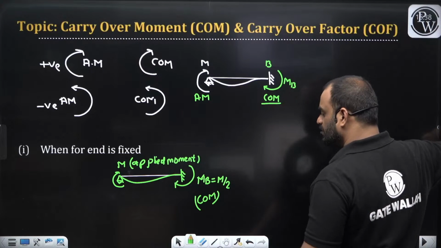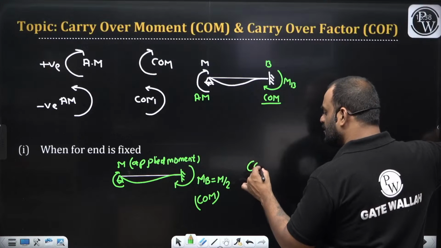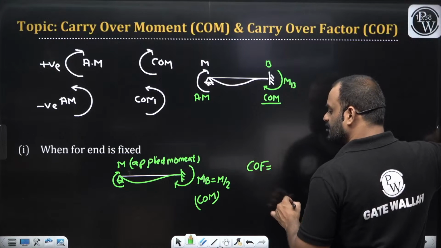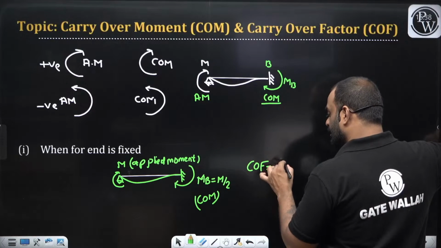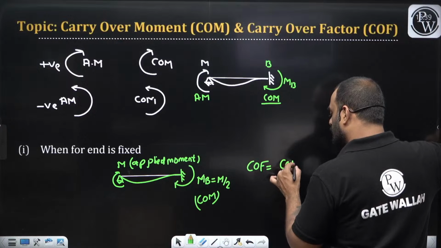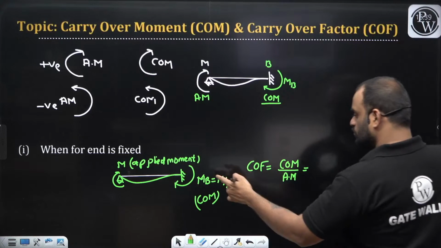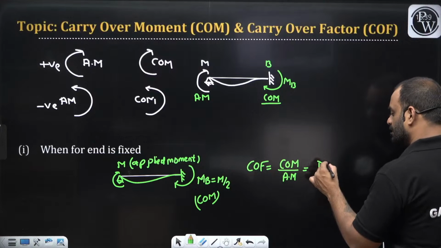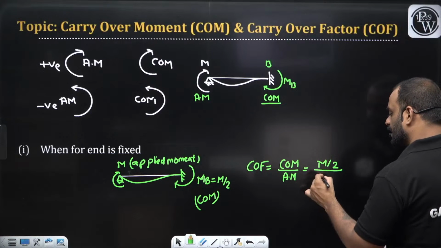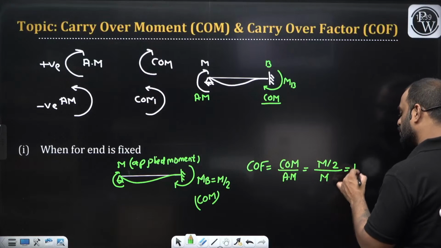Now guys, carryover factor is the ratio of carryover moment upon applied moment. So what is the carryover moment over here? It is M by 2 and applied moment is M. So this ratio will become 1 by 2.